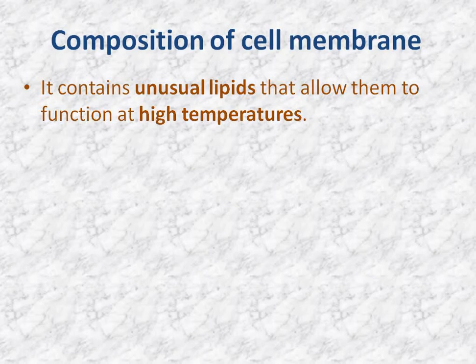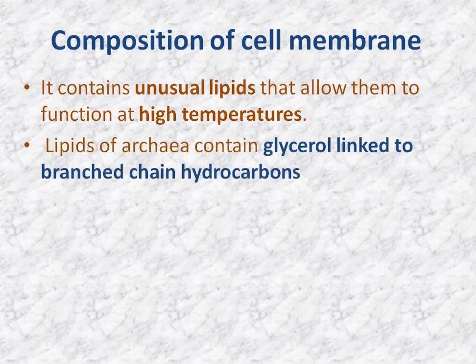this unusual lipid allows the archaea to survive at high temperature. The lipids of archaea contain glycerol linked to branched chains of hydrocarbon. Remember, in the plasma membrane, the lipid bilayer is made up of phospholipids. A phospholipid is a molecule made up of glycerol, and fatty acid chains are attached to glycerol.